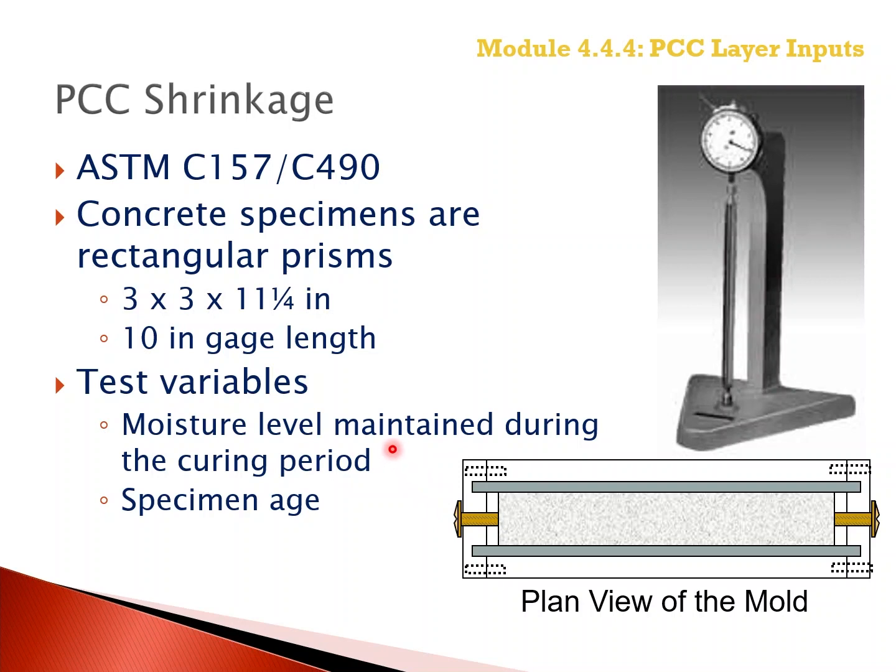For a more detailed description of the test method and its outcome, the designer is referred to the ASTM test standards, or test procedures, C157 and C490. There is no AASHTO test standard for measuring total shrinkage.